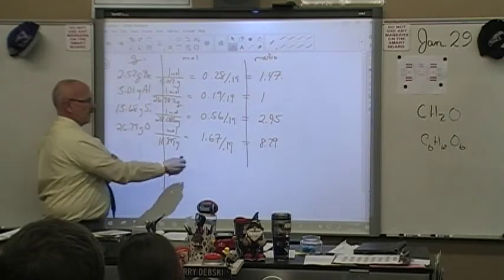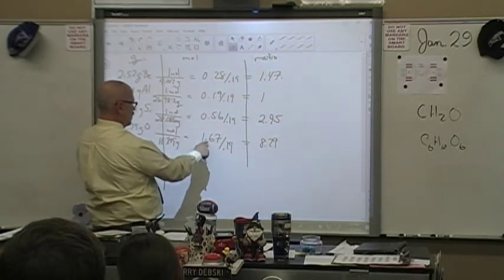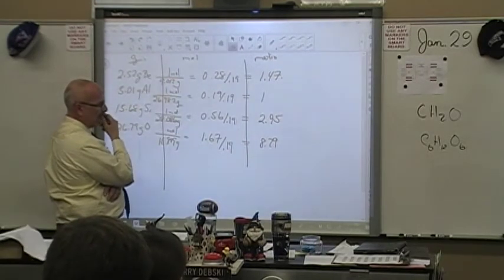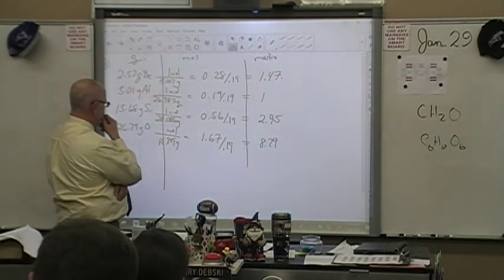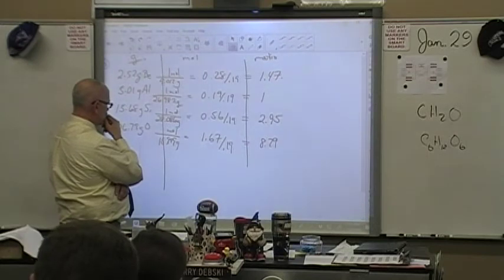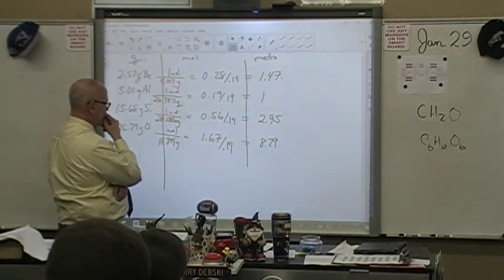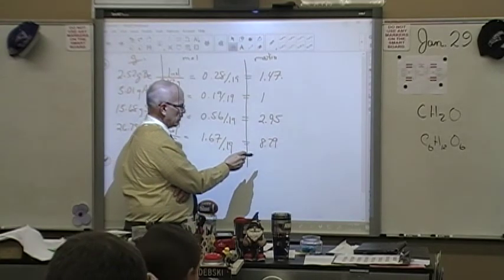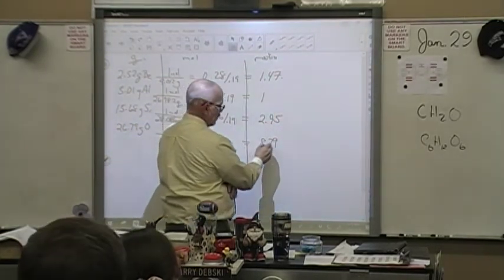Is this number here right? Is that 8.79 or 8.29? Well, it's really 1.674, and then you divide it by that, but I think it's 8.811. Does that help any? Not much.